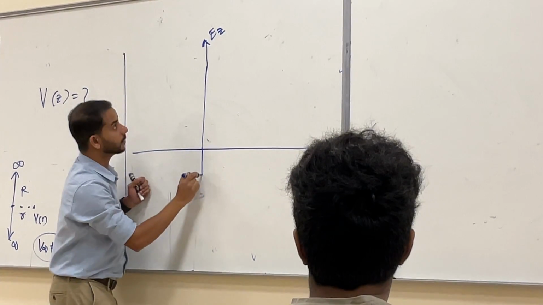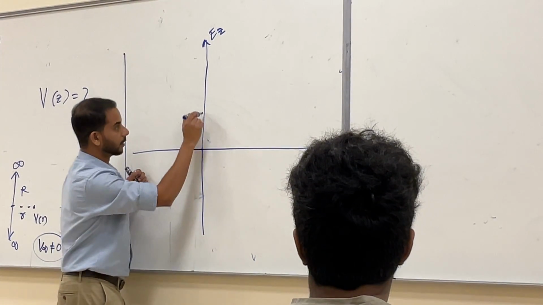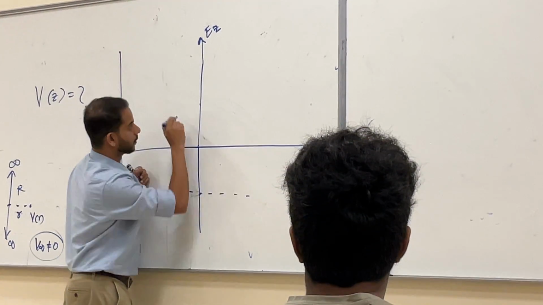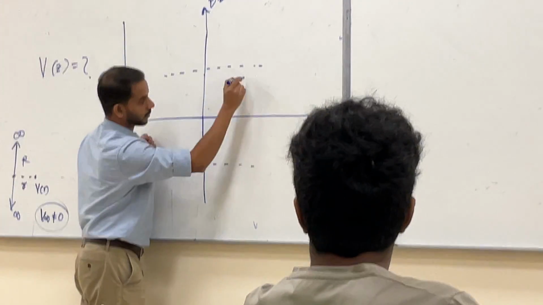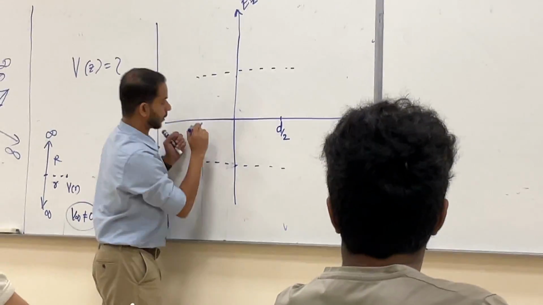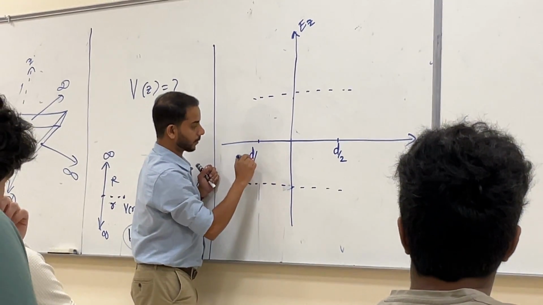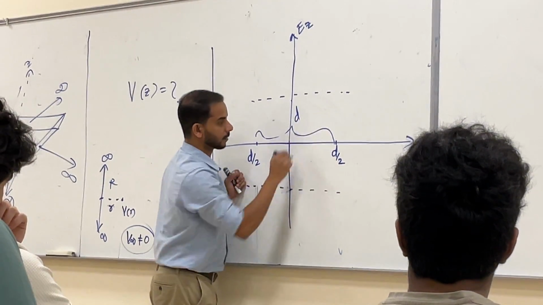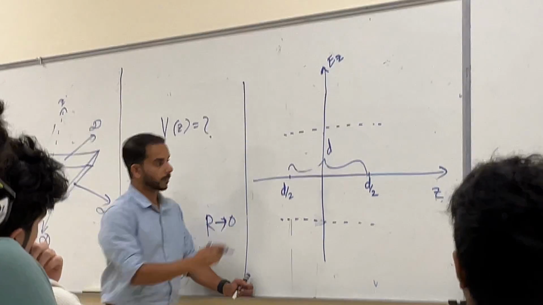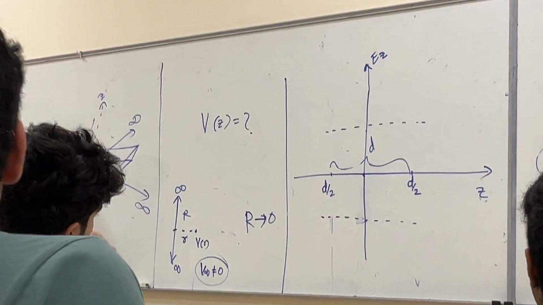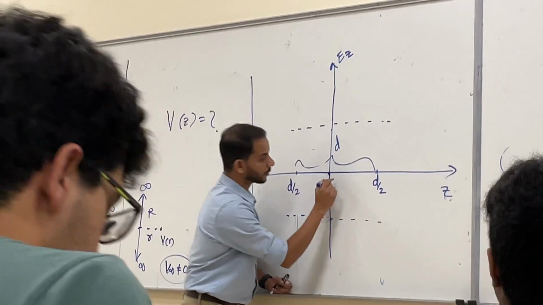Let's say the field is E by 2 here, E by 2 here, and this separation, the thickness, is D. So what is the electric field inside at Z equal to 0?